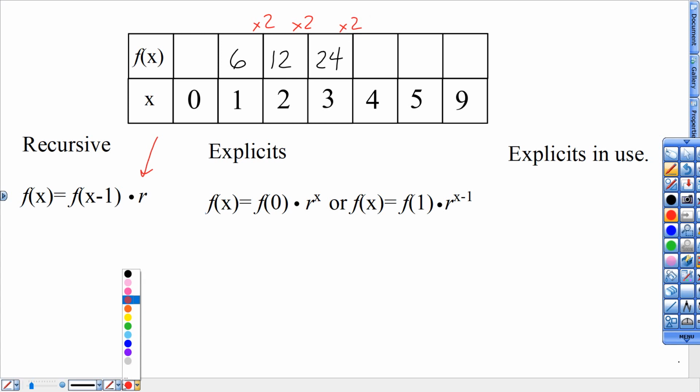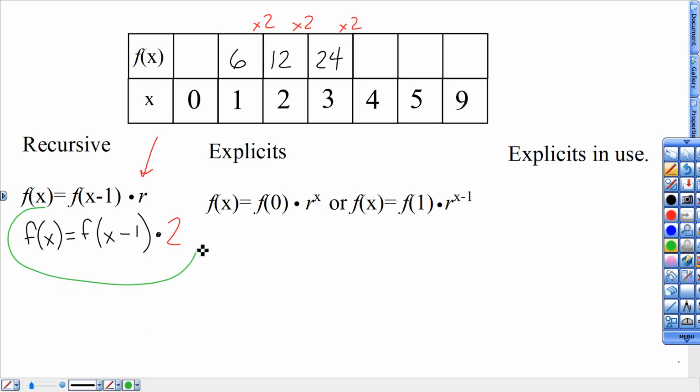I always need to be able to write the recursive equation no matter what, even though I'll probably rarely have you use it, even though when you're filling in the table, you really are using the recursive pattern. So that is the generic form of the equation. To find any term, use the 1 before it and times 2.